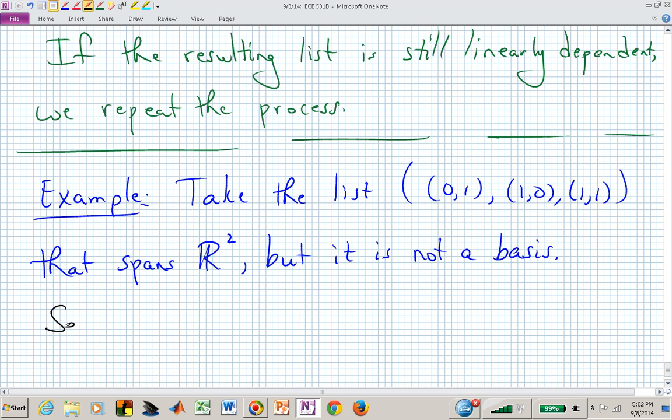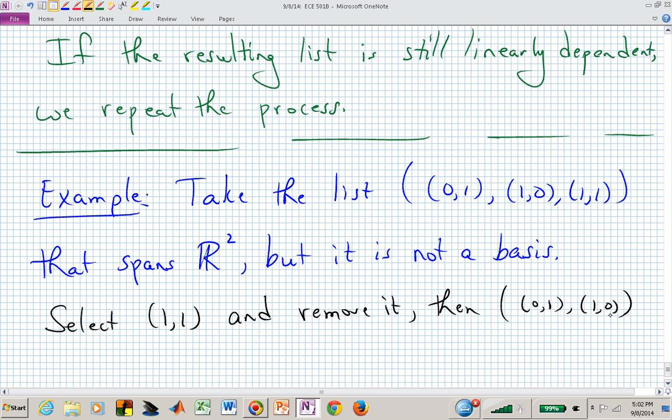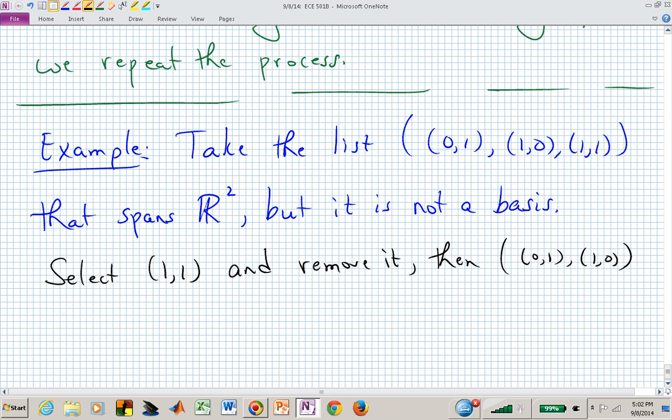If we select (1,1) and remove it, then the new list, which consists of (0,1) and (1,0), that new list does form a basis.